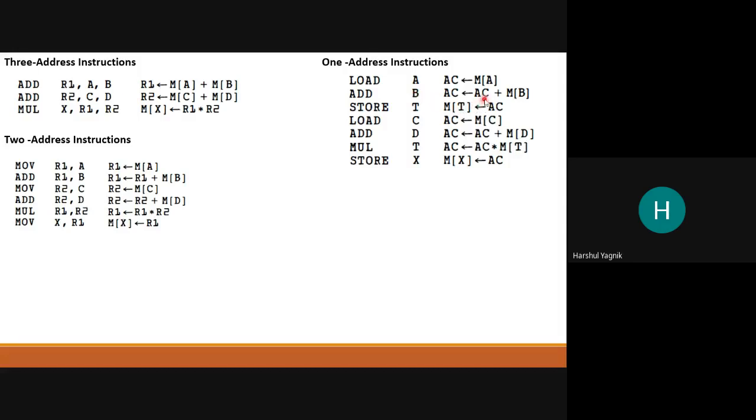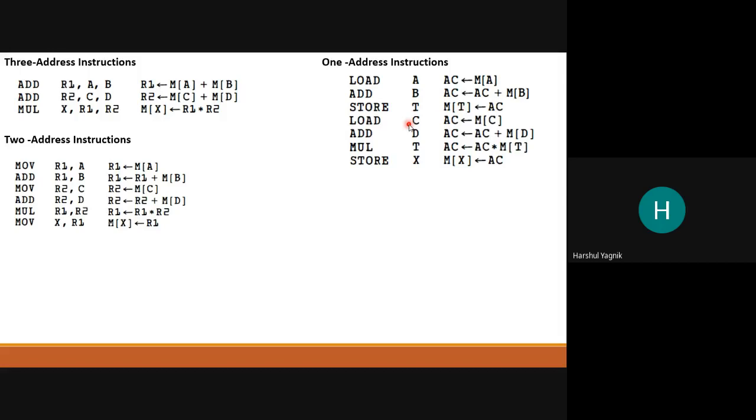So that will perform addition of the content of the accumulator and the content at the memory location pointed by B, and the result is stored in the accumulator. So the first addition, A plus B, is done. Then this result is stored back to some memory location pointed by the address T.